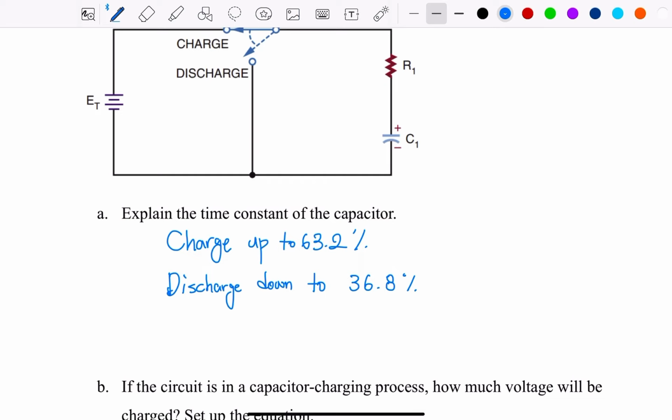The required time for these two situations is the time constant.